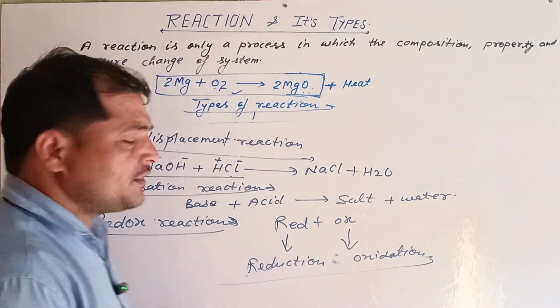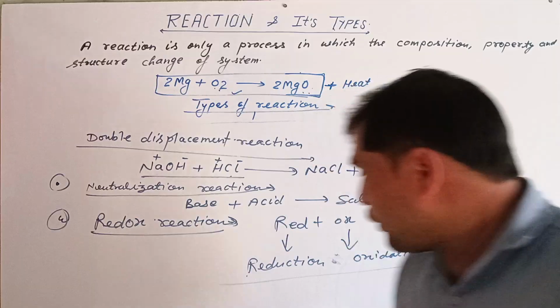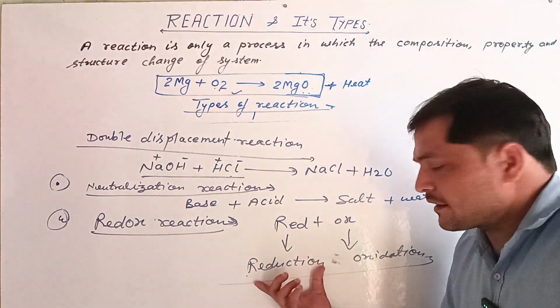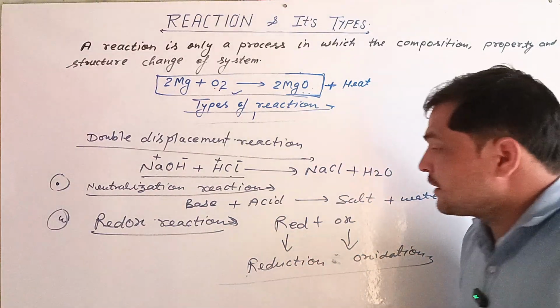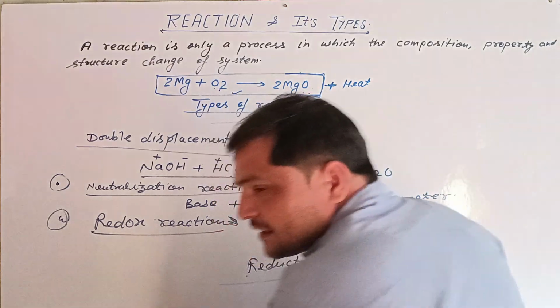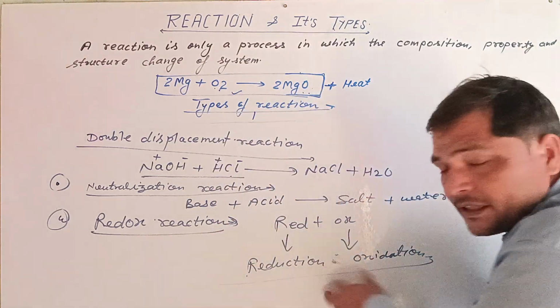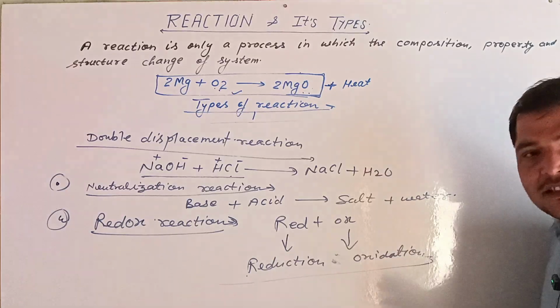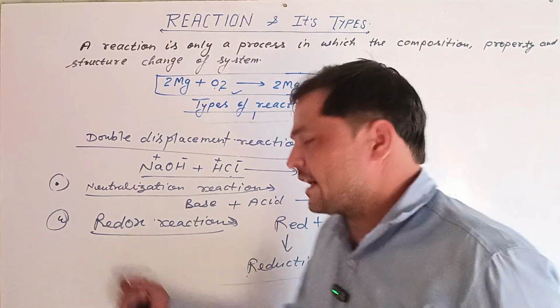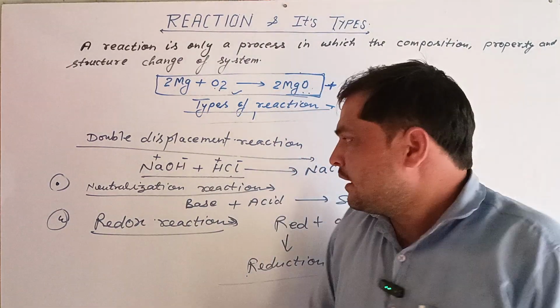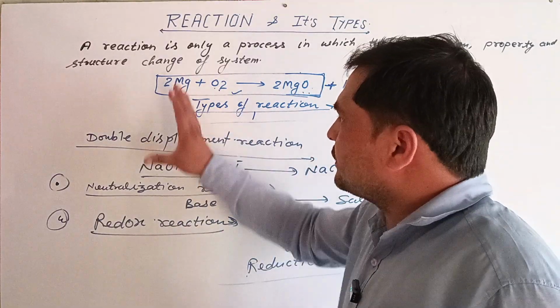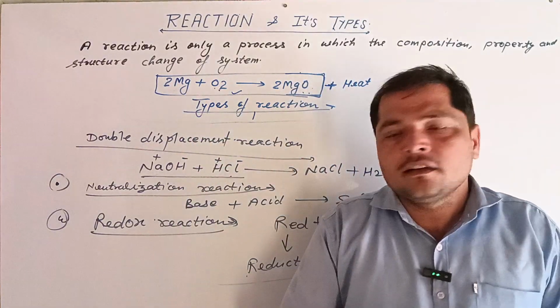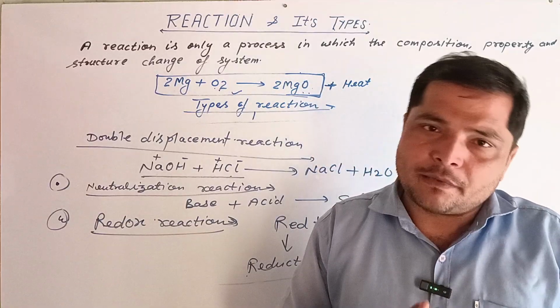A reaction in which both types of reaction happen, meaning one is being reduced and the other one is being oxidized, such a type of reaction is known as a redox reaction. So all these are the definitions and examples of such types of reaction.